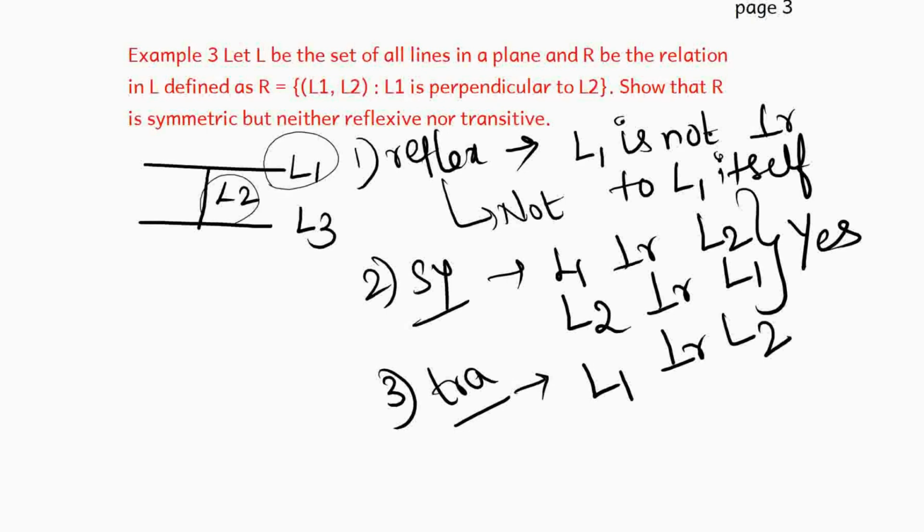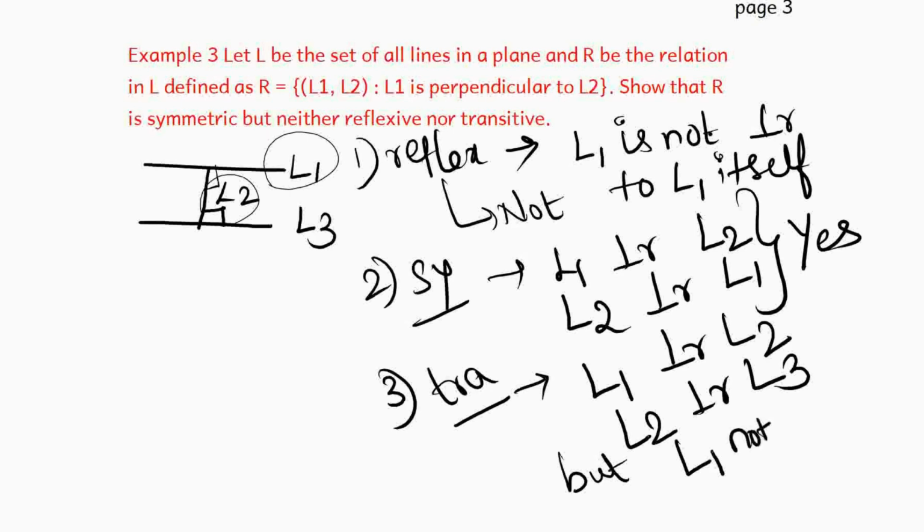From the diagram, if L1 is perpendicular to L2 and L2 is perpendicular to L3, these two conditions are true. But if L1 and L3 are parallel lines, then L1 will not be perpendicular to L3. So transitive is not true. Thus the given relation is symmetric but neither reflexive nor transitive.